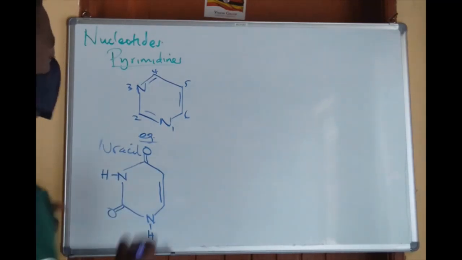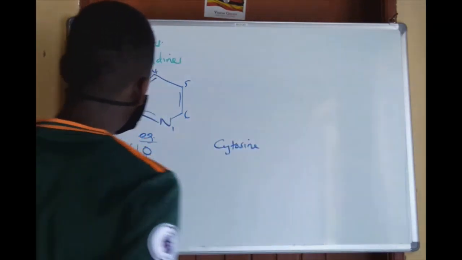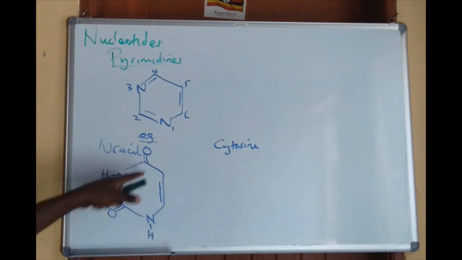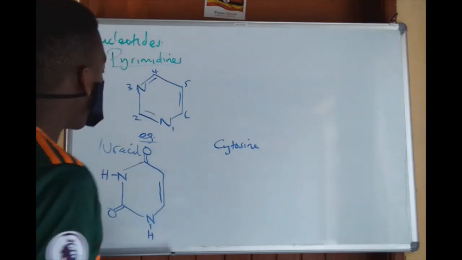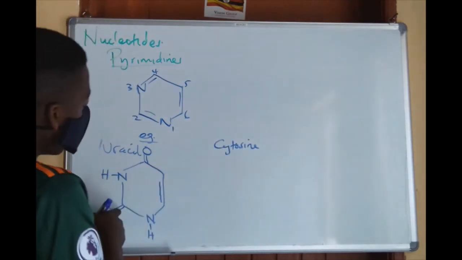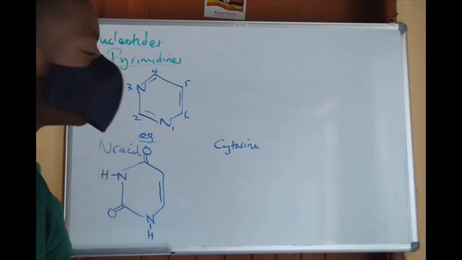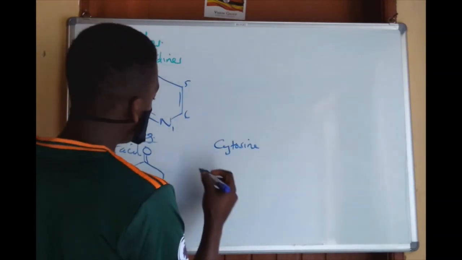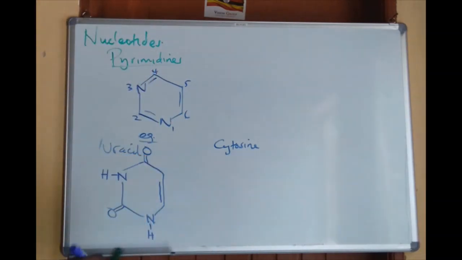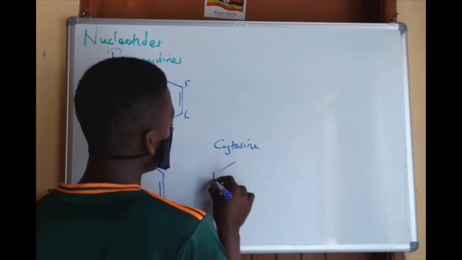So this is uracil. Another pyrimidine is called cytosine. You can call it 2,4-dioxypyrimidine. In cytosine, this oxygen will be replaced by an amino group, and it will look like this. We shall have the nitrogen here.